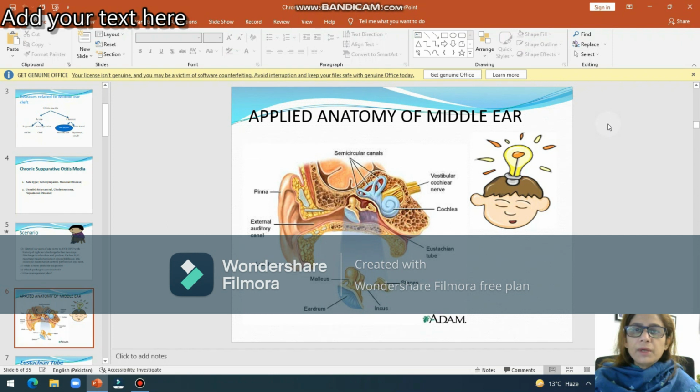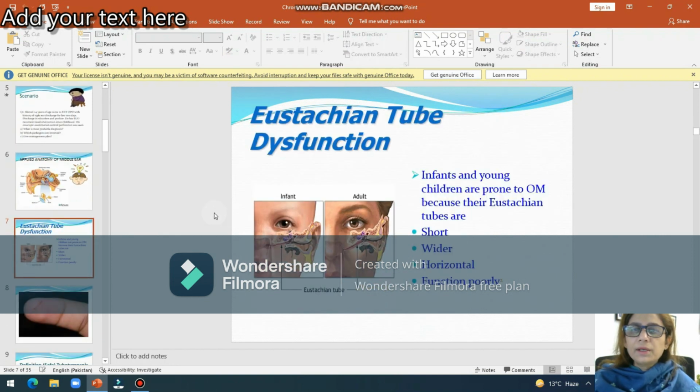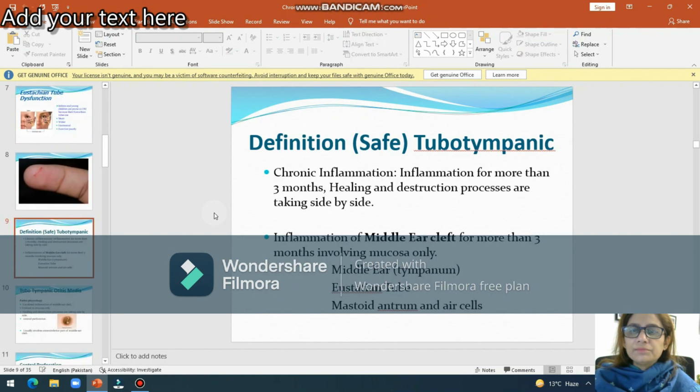So regarding applied anatomy, we have already discussed that middle ear cleft has eustachian tube, middle ear, and mastoid air cells around the mastoid. So chronic inflammation will be inflammation of middle ear cleft for more than 3 months.